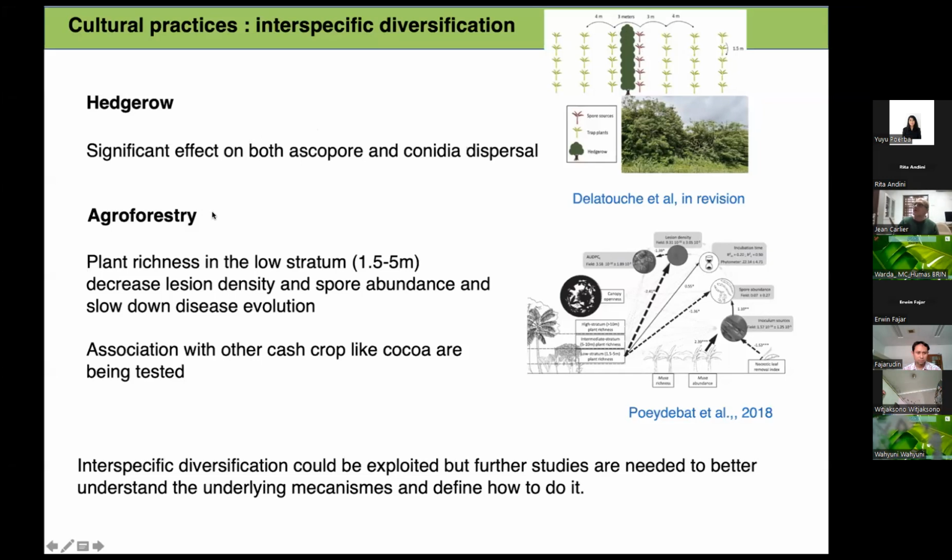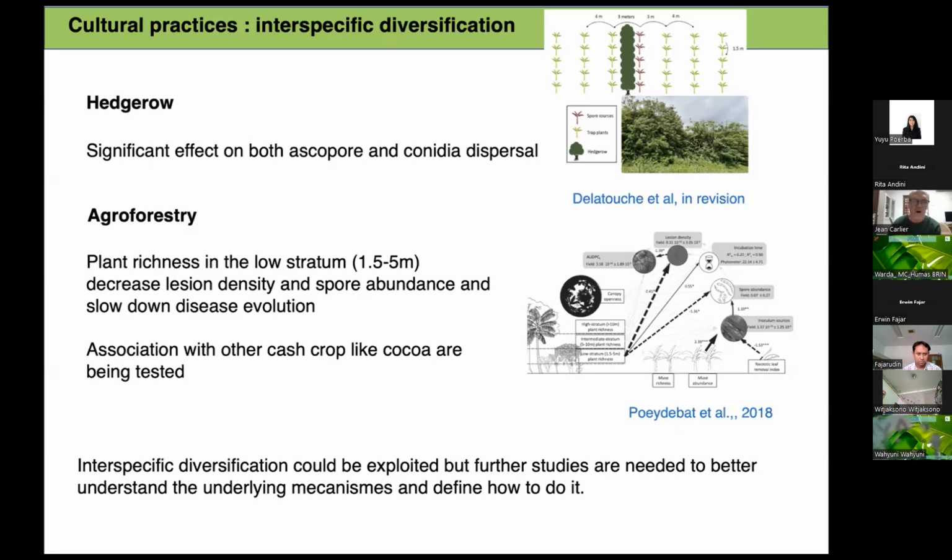Also, we are studying agroforestry systems. In the first study, 8 plots in Costa Rica were studied. And we found that the plant richness at the low stratum, between 1.5 and 5 meters, decreased lesion density, had an effect on spore abundance and slowed down disease evolution.